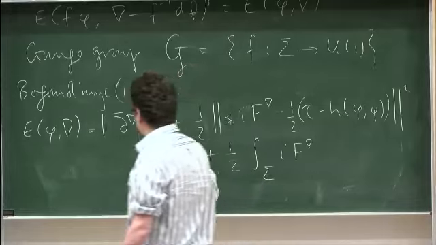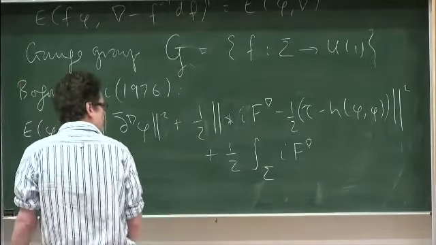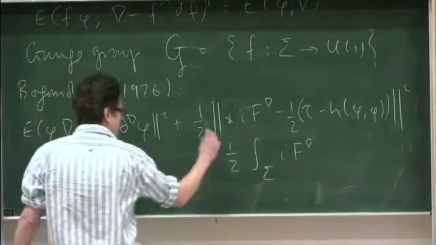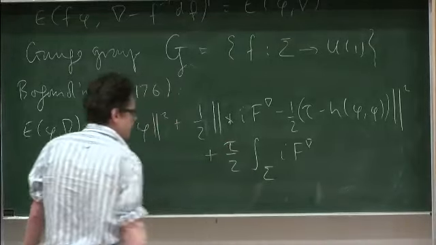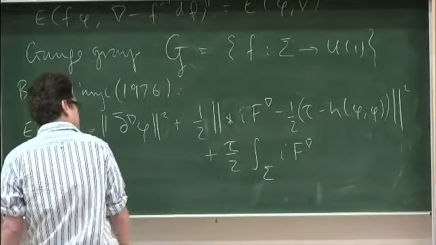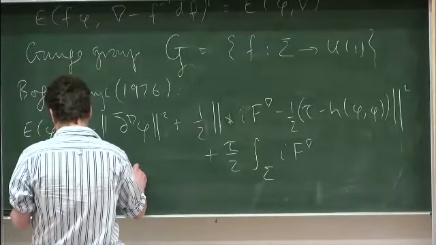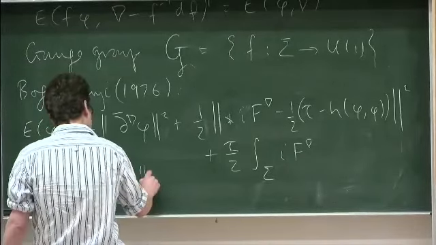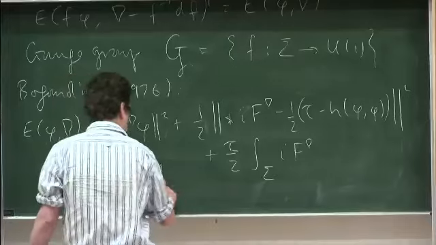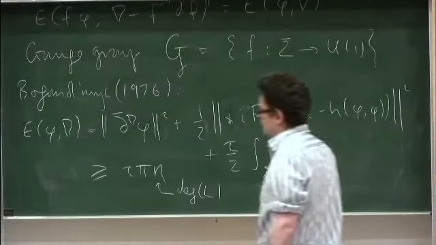So you immediately get from this rewriting of the energy that the energy is bigger than, there's a tau missing there. Should be a tau there. You immediately get that the energy is bounded below by tau times pi times an integer n, where this is the degree of the line bundle.